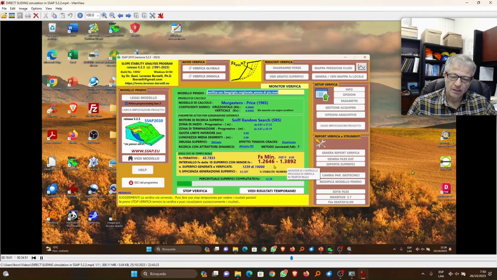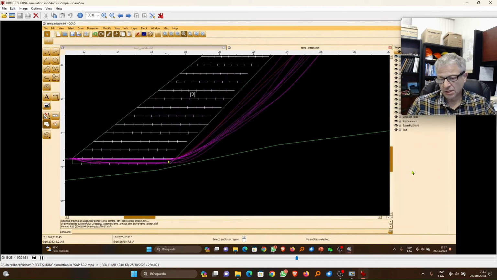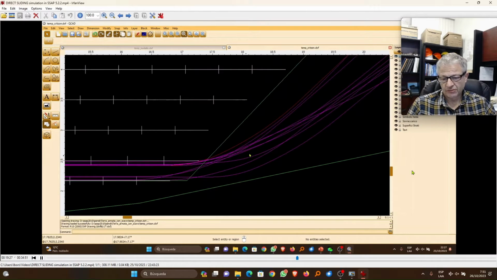For example, we can see that we arrive practically very close to the final result, 1.27, in less than 2000 surfaces, about 1 minute maybe. Look at the surfaces we identify.